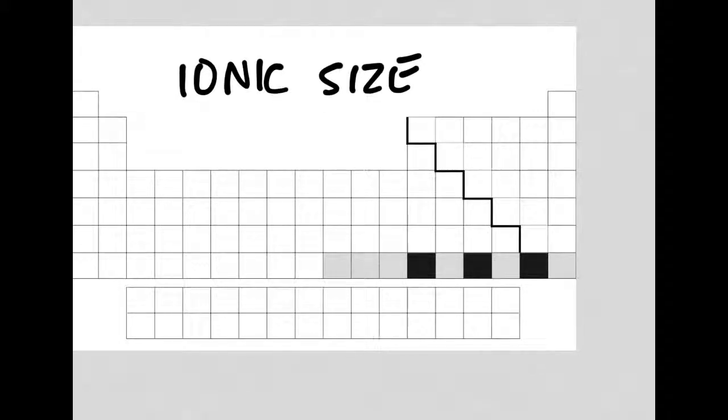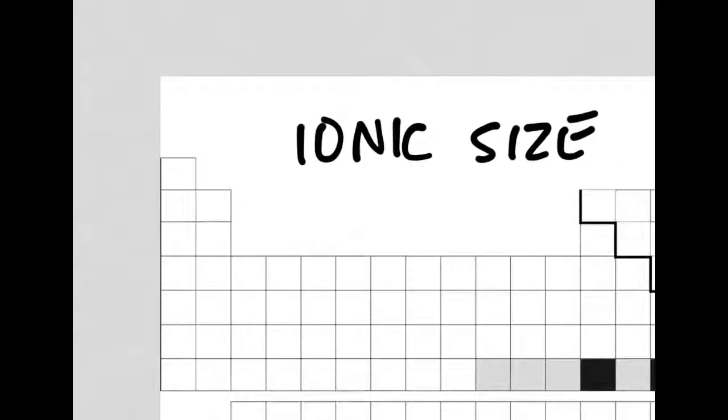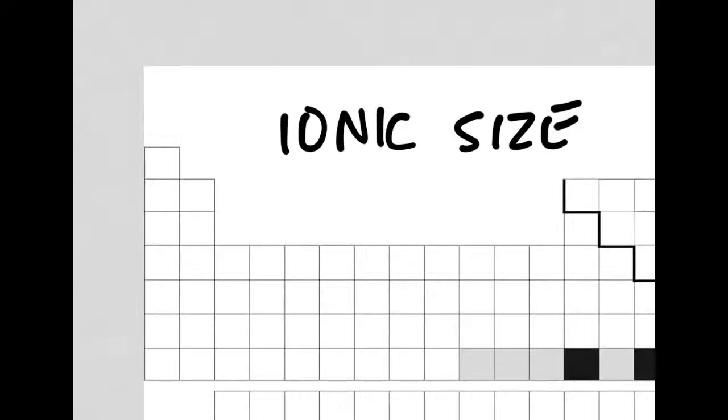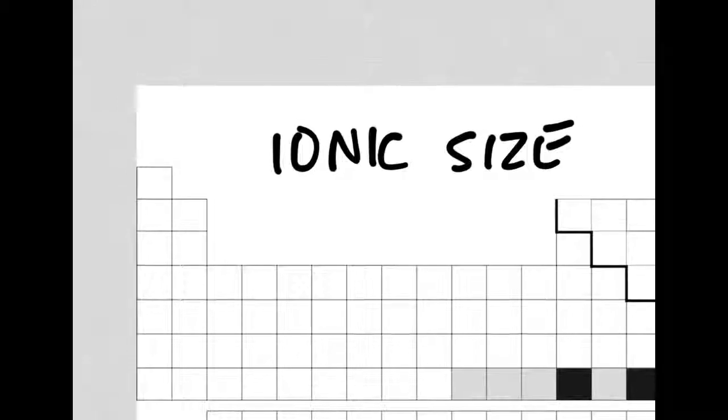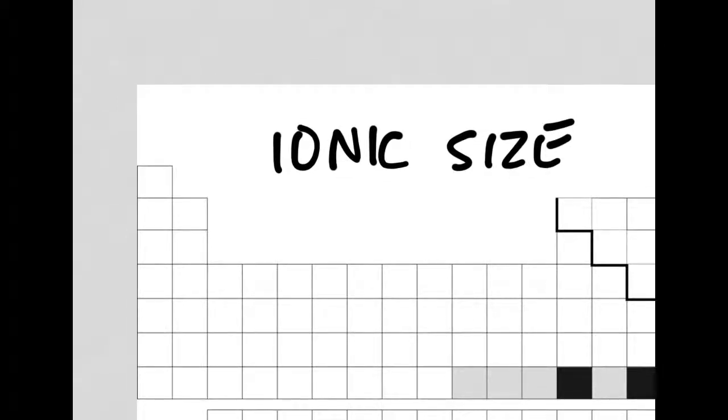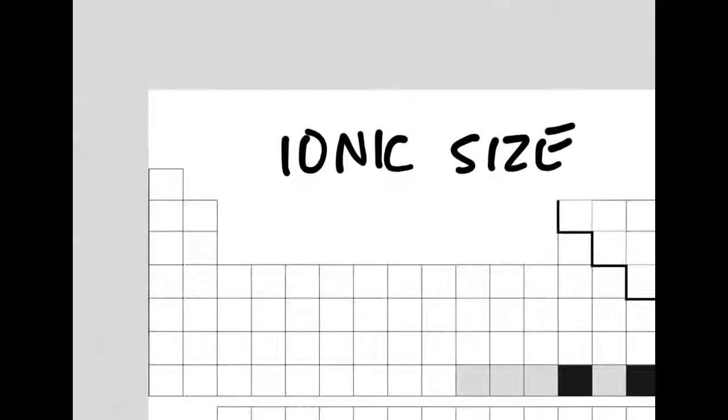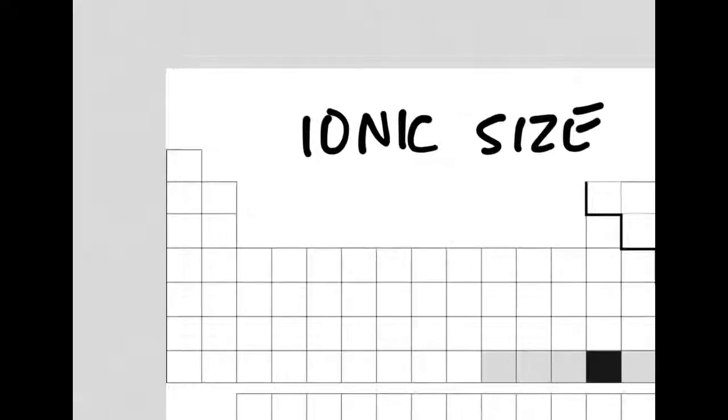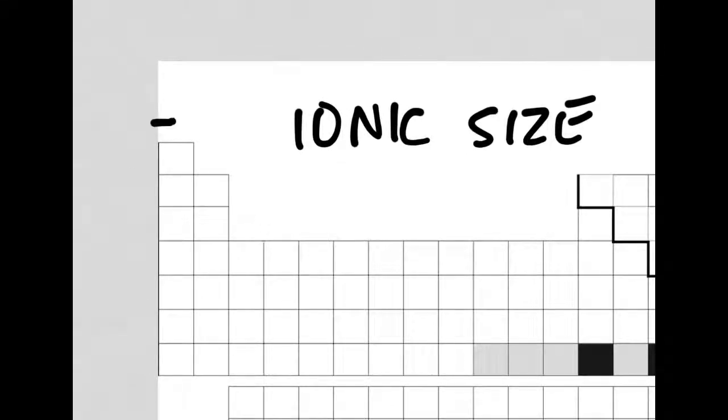Anyway, so ionic size. Now, before we can do ionic size, it's important for me to run through and give you some semblance of the most common ion associated with the particular groups. So over here on the block that contains hydrogen, I'm going to do plus 1 here. You know what?